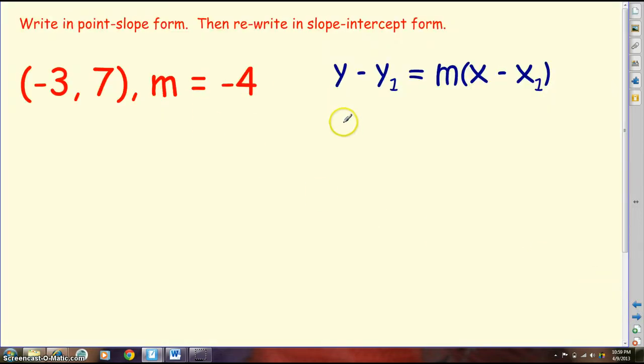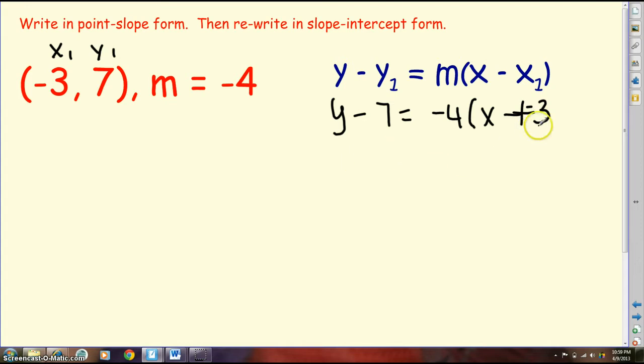You keep following along. So in place of our y1, we go to our point. We label our point x1, y1. So the y1 has a value of 7. In place of our m value is negative 4. And in our parentheses we have x minus negative 3. And when we subtract a negative 3, that's really like adding 3. So we have, and this is a plus, not a negative in here.